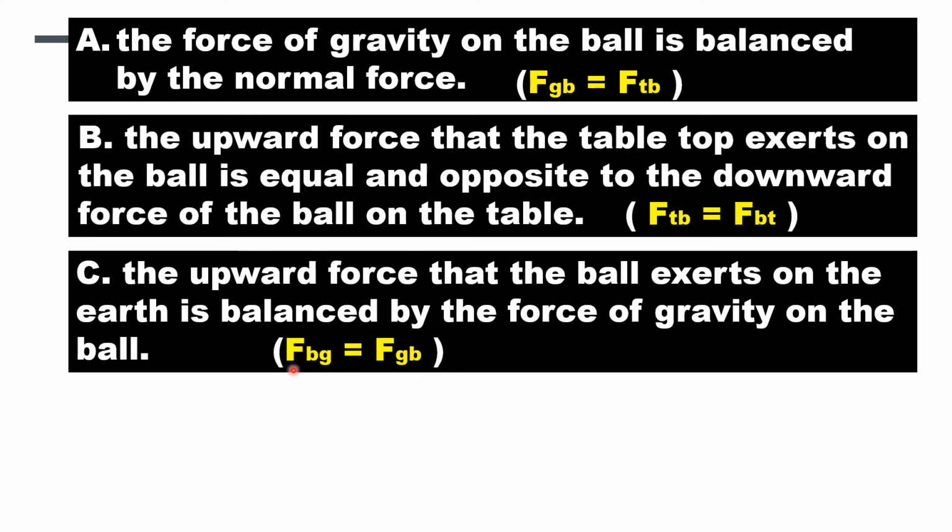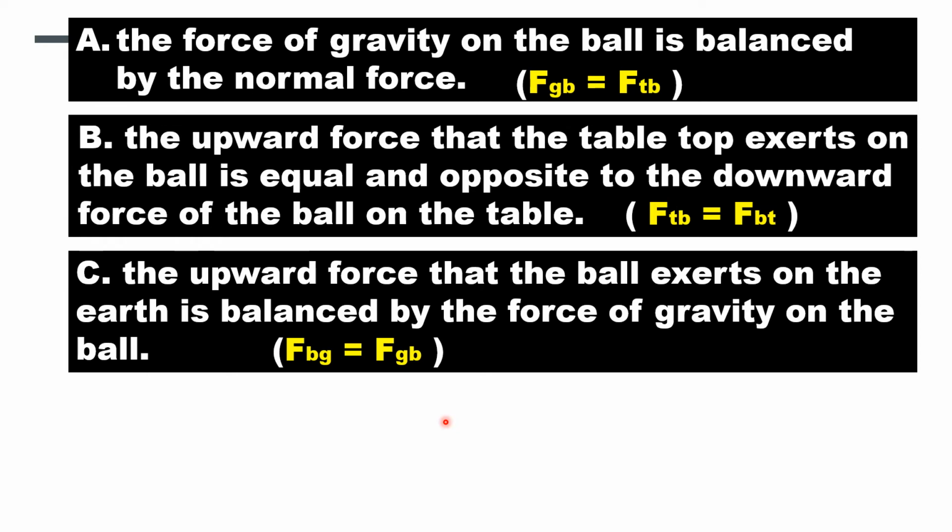The force that the ball exerts on the earth is exerted on the earth by the ball, and the other force is the force exerted by gravity on the ball. Again, notice that the subscripts of the two forces are just opposite to each other. So these are also considered an action-reaction pair.